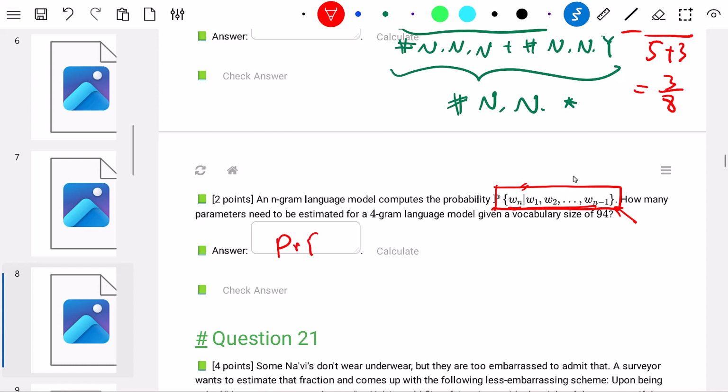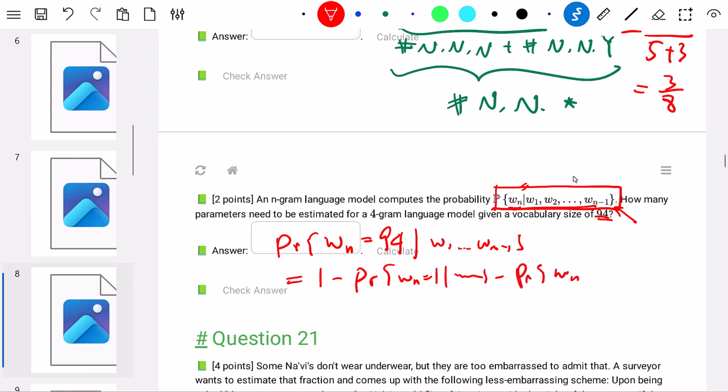In particular, the probability of Wn being equal to 94, since the vocabulary size is 94, given all the other ones can be computed from the other ones. So basically 1 minus the probability of Wn is 1 given the same thing, minus the probability of Wn is 2 given the same set of things, and so on, until the probability of Wn is 93 given, again, the same set of things.